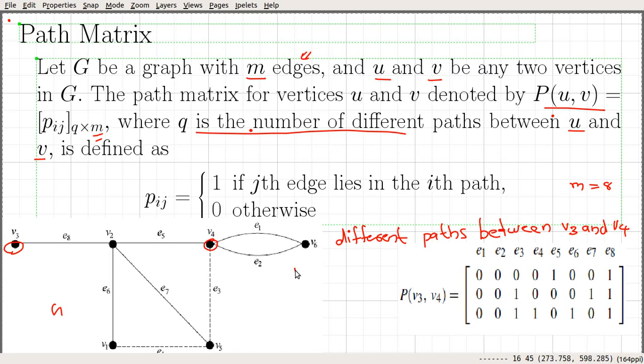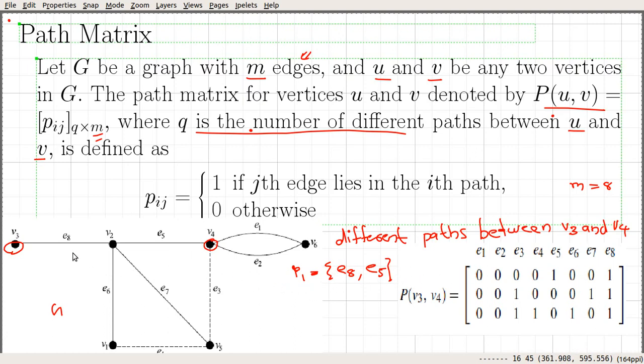Let's consider the first path, which I denote by small p1. That path goes from v3 to v2 using e8, and from v2 to v4 using e5. So p1 contains these two edges, e8 and e5. Similarly, we can find two more paths.